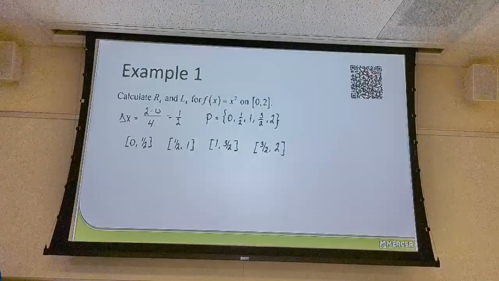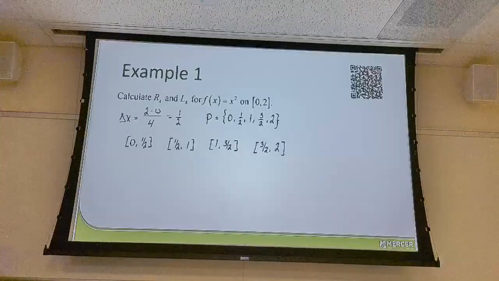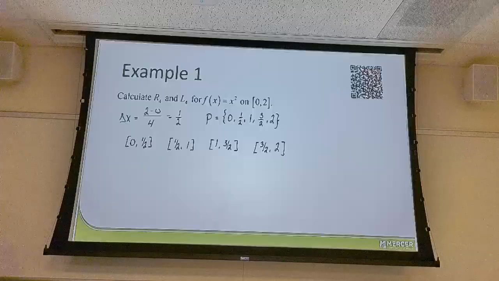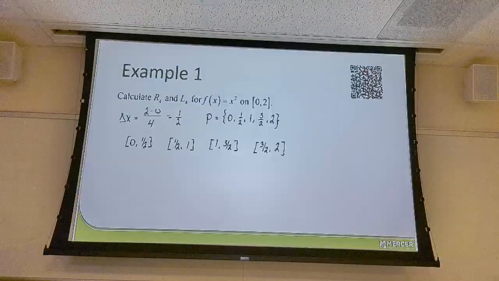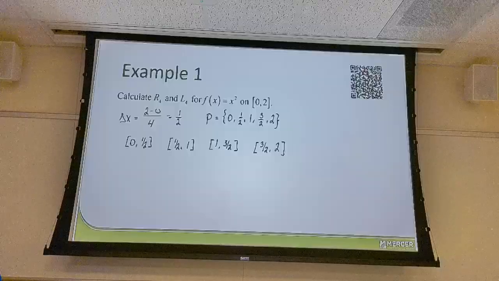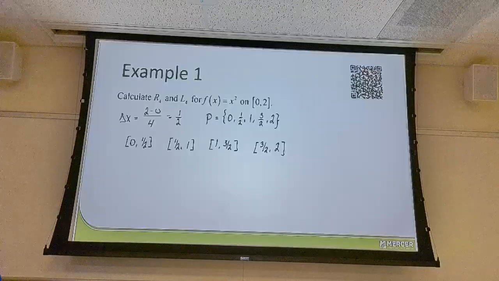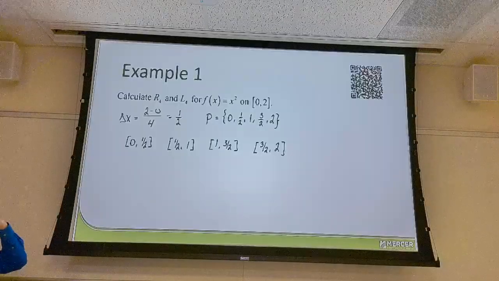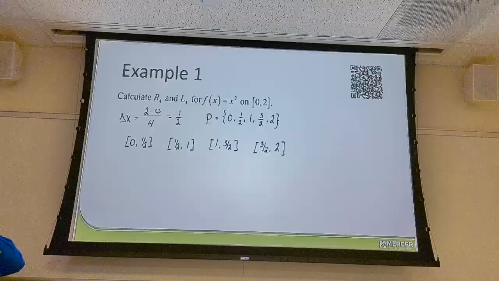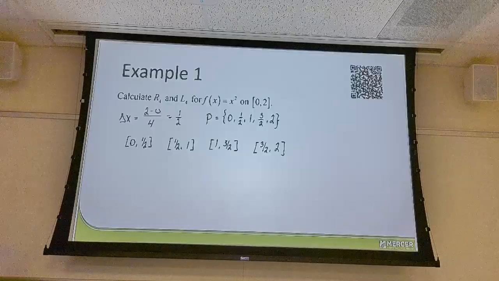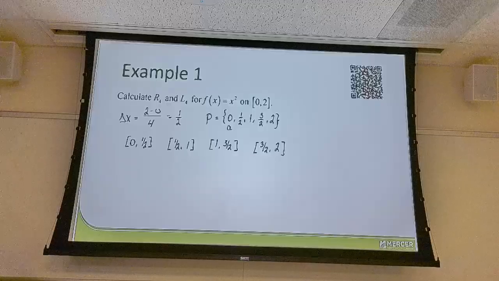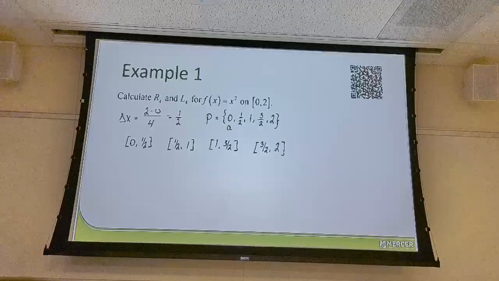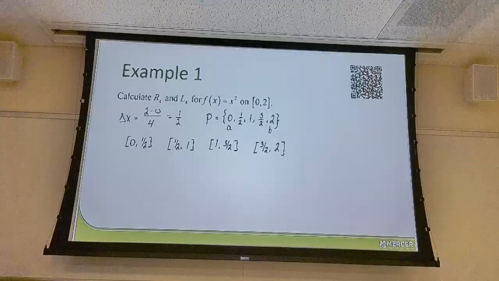And remember, just check that your partition satisfies the 3 conditions. Is the first element of the partition the left endpoint of the interval? Is that a? Yes. The last element, is it your right endpoint? Yes, it's b.